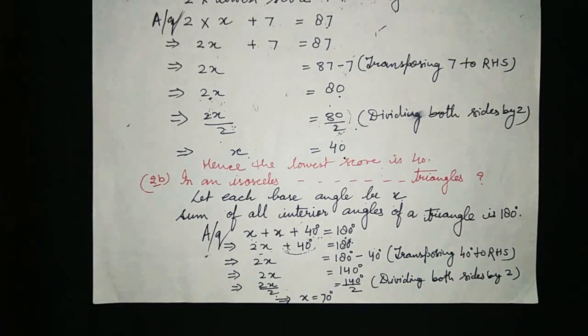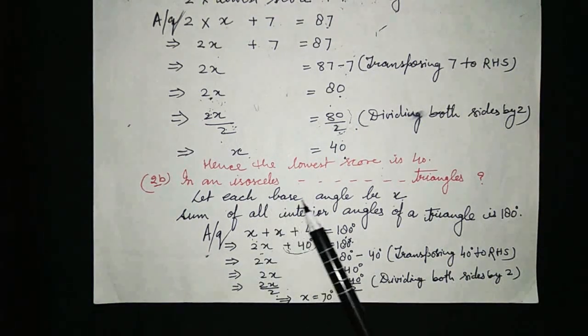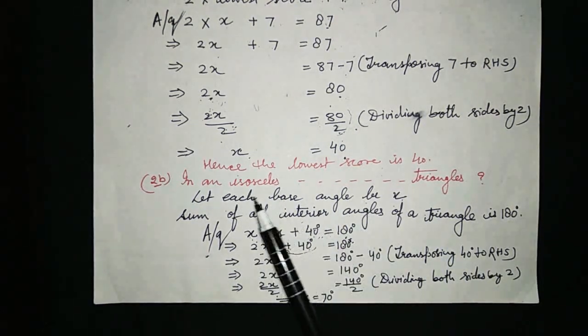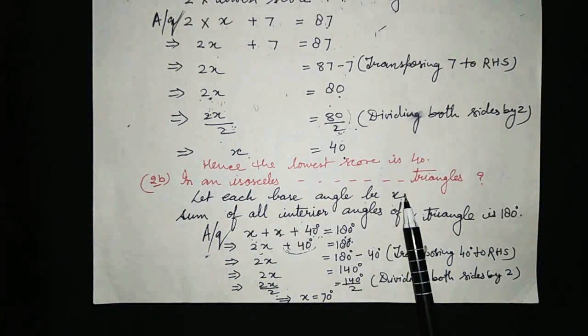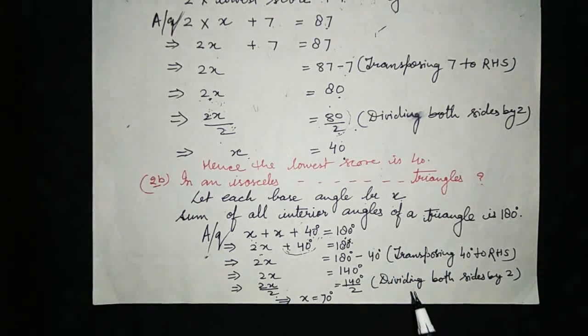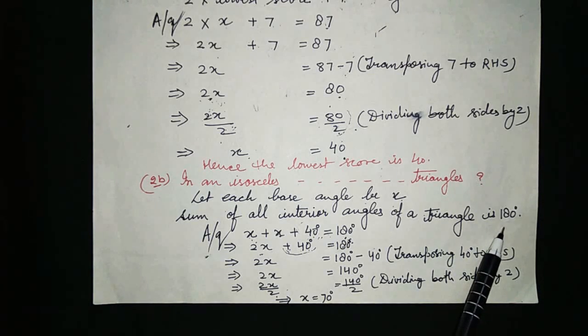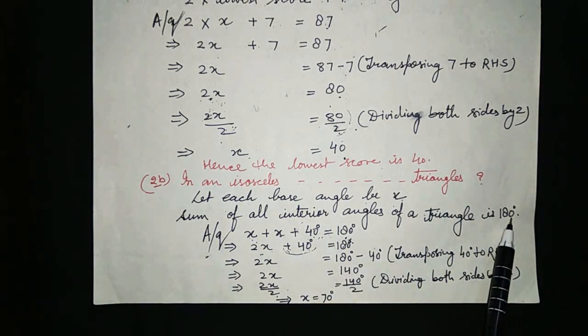So here what we will assume? Here we will assume the measure of each base angle. So you will write here, let each base angle be x. And in the question you can see the vertex angle is 40 degrees. We know that the sum of all the angles of a triangle is 180 degrees. It is the angle sum property of a triangle.